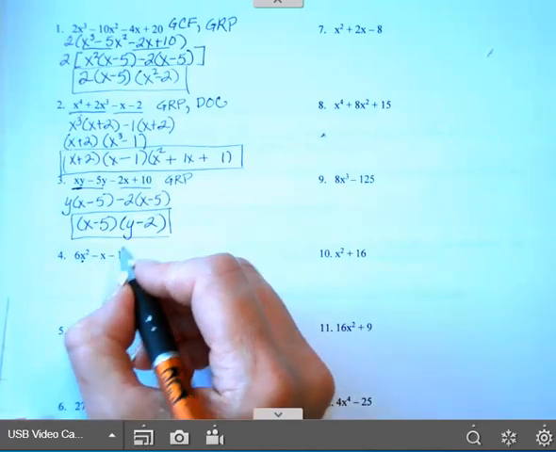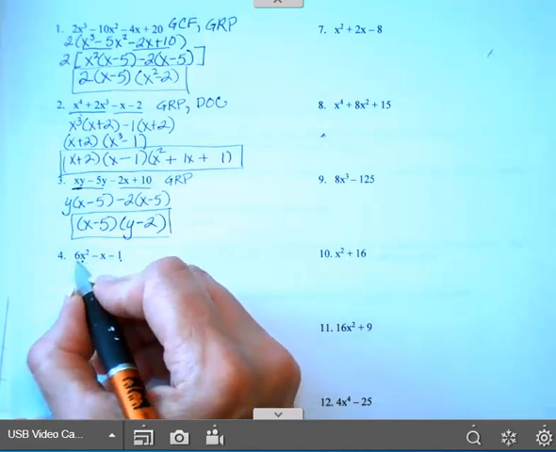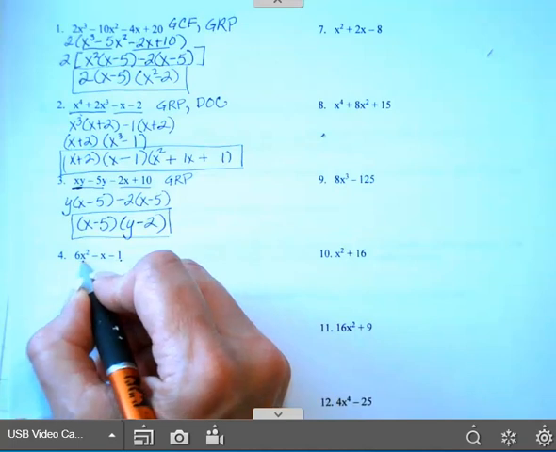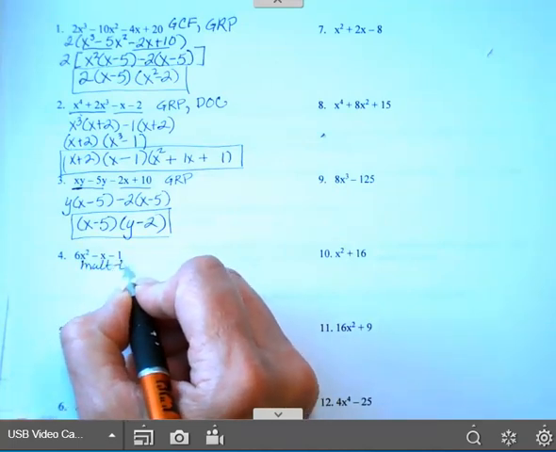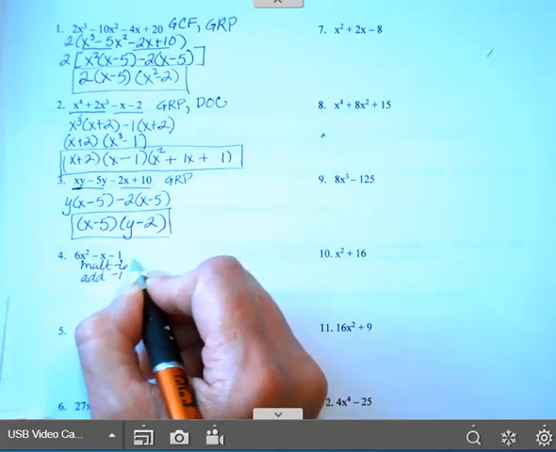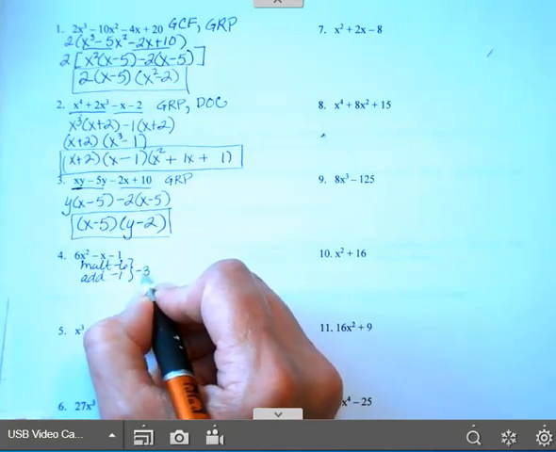So I need something that multiplies to the product of the squared term and the constant. So I need it to multiply to -6, and I want it to add to -1. And the numbers that do that are -3 and 2.